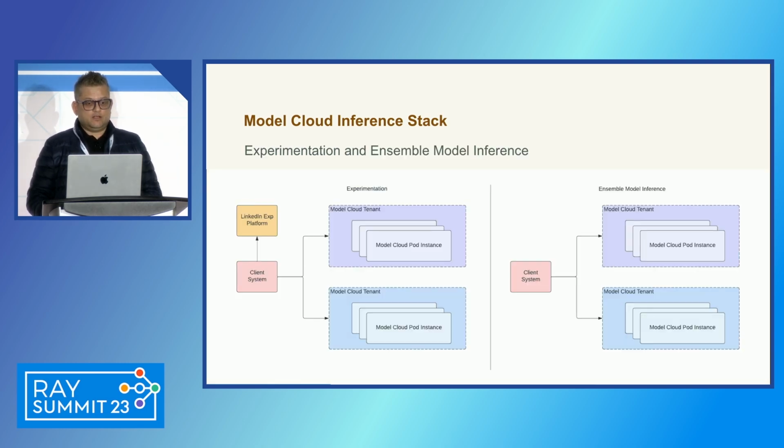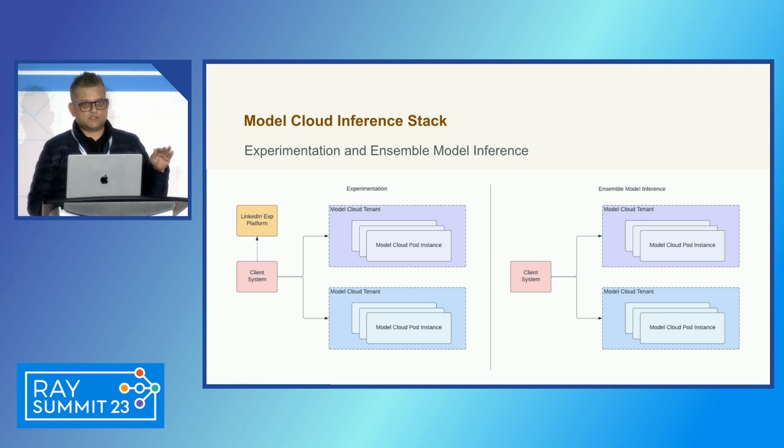We also have a lot of experimentation and ensemble inference use cases where we want to do A/B testing and various other types of experimentation on top of the infrastructure that we provide. The story is pretty straightforward: create multiple tenants of one experiment type and then another experiment type, and manage this army of multi-tenants across the experimentation universe.